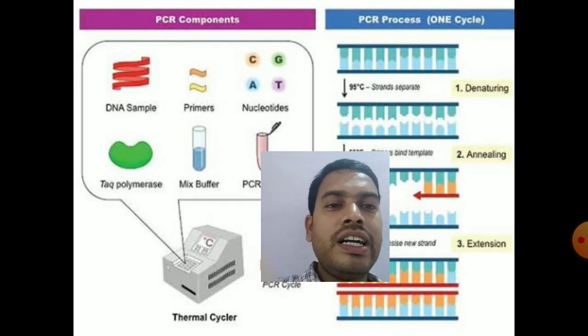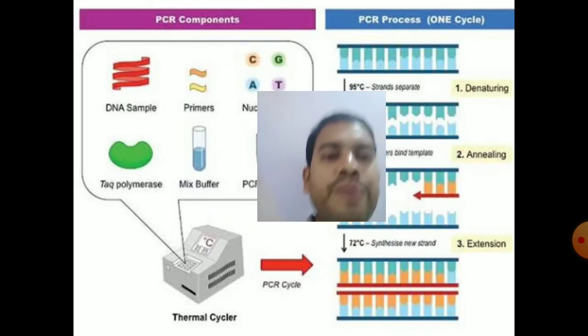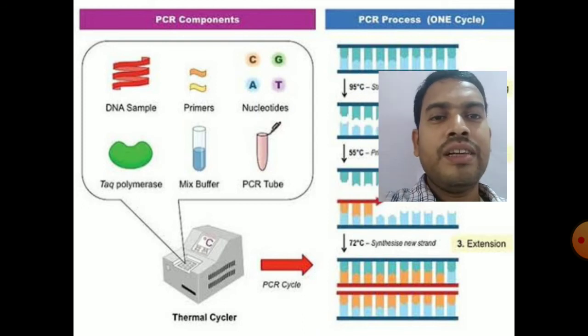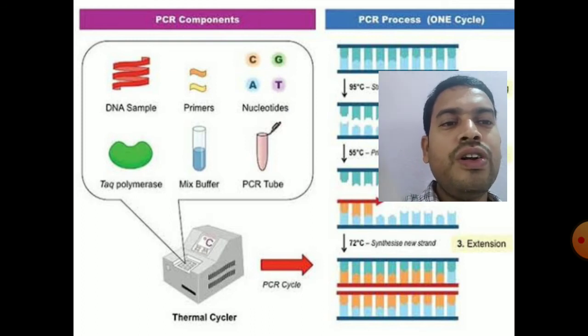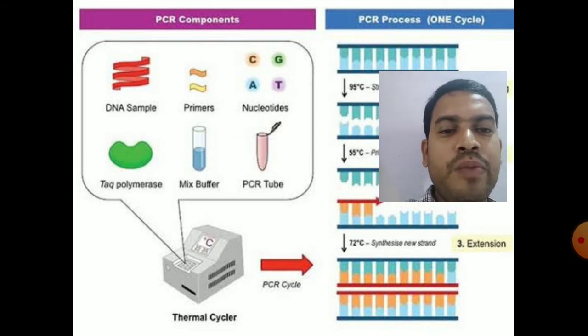Coming to the technique, in PCR the major components include your DNA sample, the DNA sample which has to be amplified, the short primers, and nucleotides which are also called dNTPs, deoxynucleotide triphosphates, a PCR tube, an Eppendorf tube, a buffer mixture, and an enzyme called Taq polymerase. In general, the PCR is carried out in a machine called a thermal cycler.